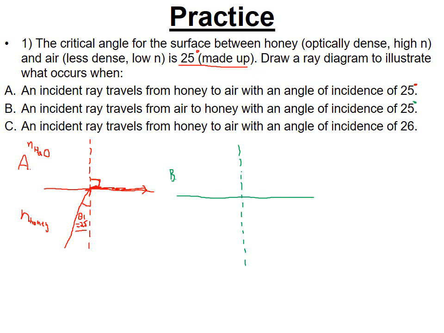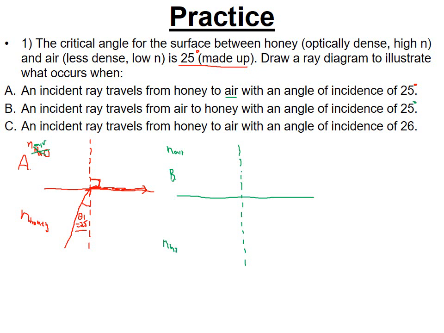Oh, and I should have said air in this problem. So we'll cross N H2O out and we'll put air over here. It would have been the same effect because honey is just more dense overall than water. So in this case, I'm going to leave air on top, and I'm going to leave honey at the bottom.